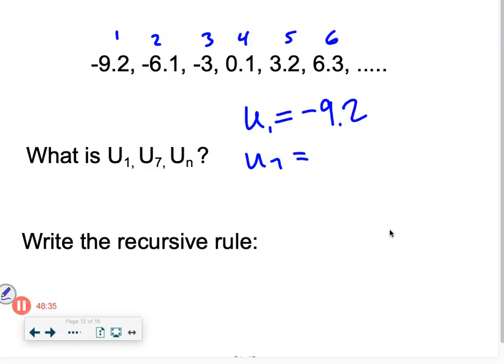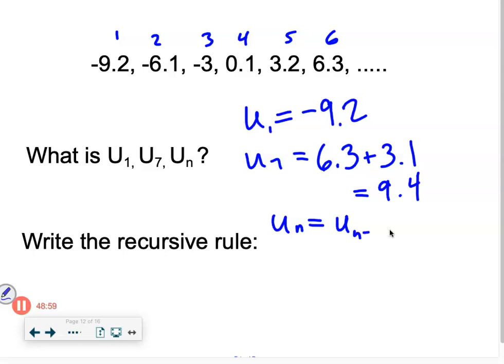So if this is term 6, what's term 7? 9.4. You take term 6 plus your common difference, which is 3.1, and you get 9.4, right? Okay. So, and then you need a u sub n. So what is u sub n equal? u sub n minus 1 plus 3.1. Beautiful.